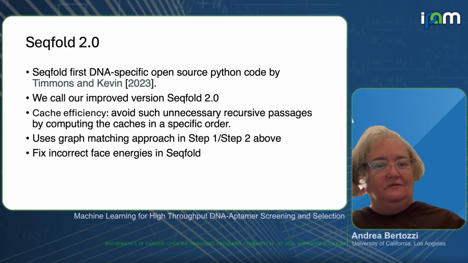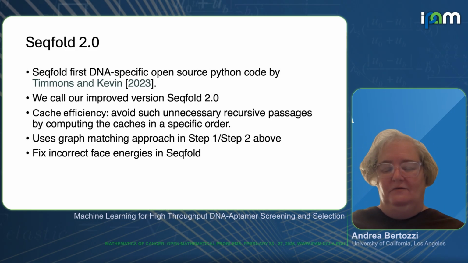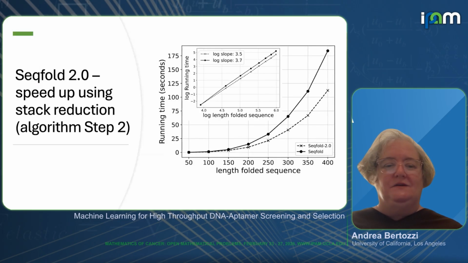We took their code from 2023 and just added our improvements to it. We called that SecFold 2. We wouldn't recommend using it, but it gives us an idea about what the improvements can do for the speedup and the timing. With these simple additional steps, you can speed it up by about a factor of 2. So we're doing something that's useful, we think, for the literature on this.